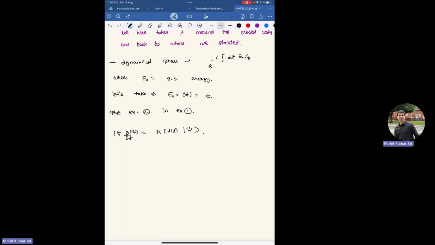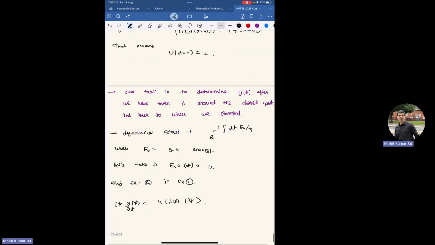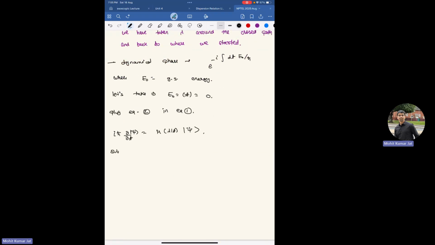Combining equations 1 and 2, you can write u star, where star means the dagger, the Hermitian conjugate, times u dot, plus <n|n dot>.